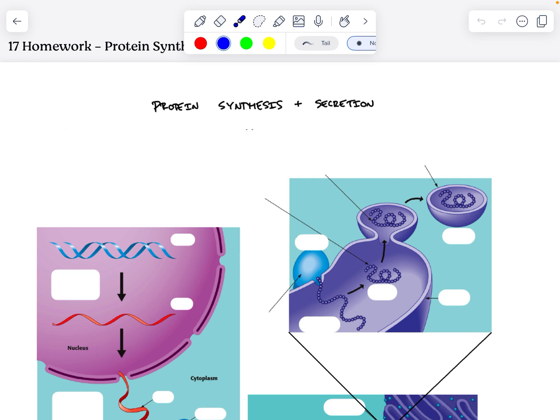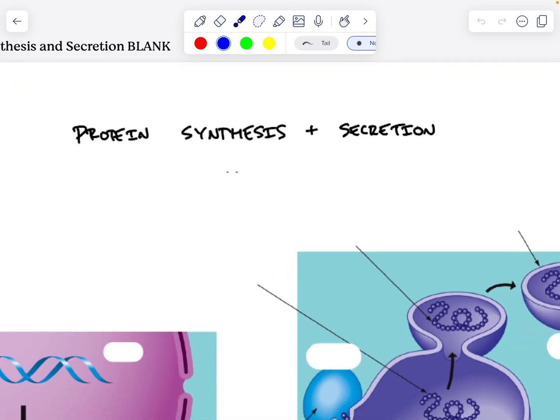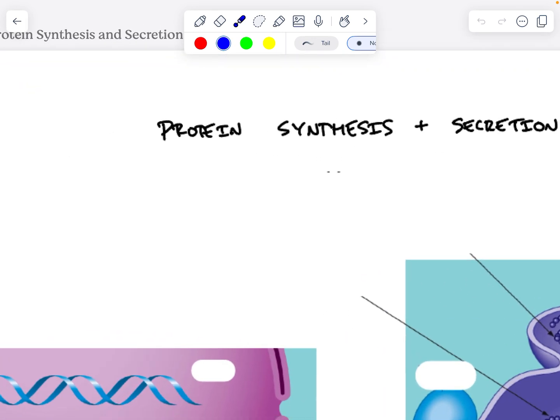In this screencast, we're going to bring together two things that we are currently studying with something that we've already studied. We're going to be talking about protein synthesis and secretion. So you all know that proteins are like the action organic compounds of your body.